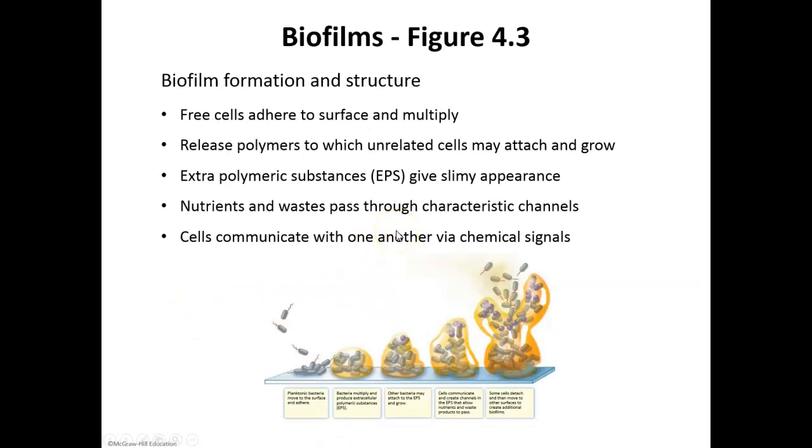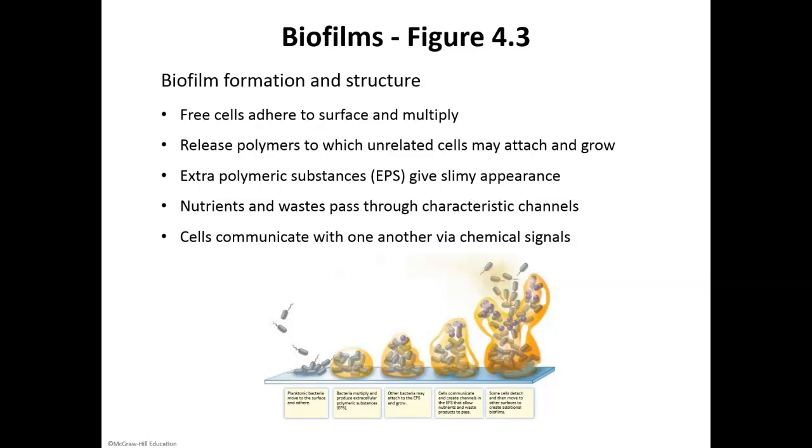Biofilms are very protective of their cells. They start out with individual cells adhering to a surface, which typically is nice and clean. The cells adhere, they start to replicate, and they start to produce polymers.